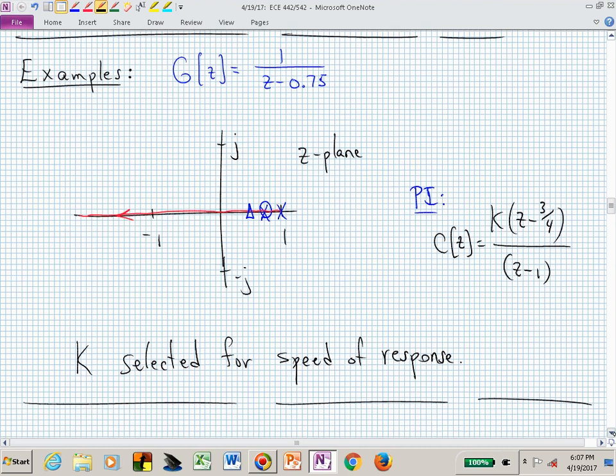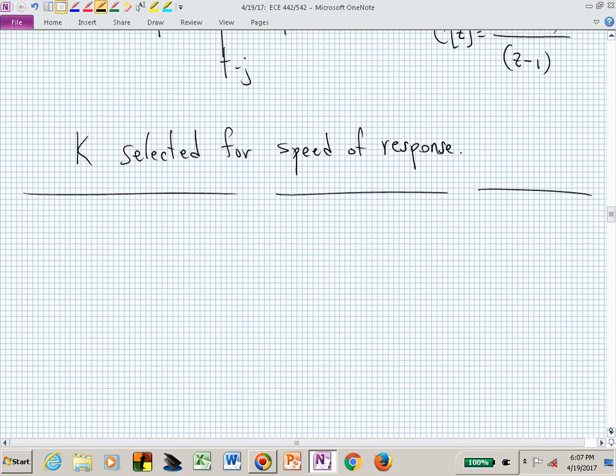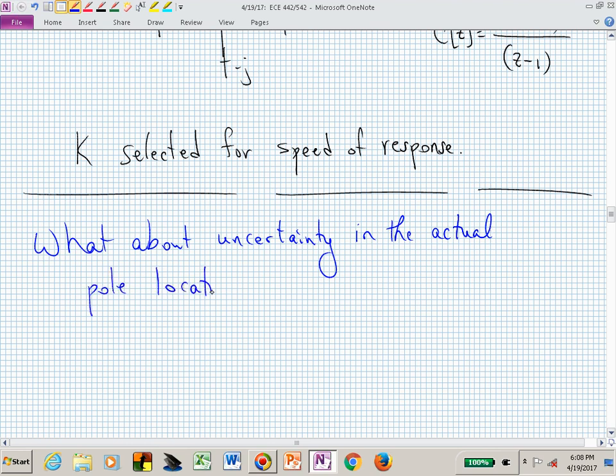So here, what I want you to think about, this is your expertise, is what about the fact that maybe we don't have an accurate model of the true system? What about uncertainty in the actual pole location?